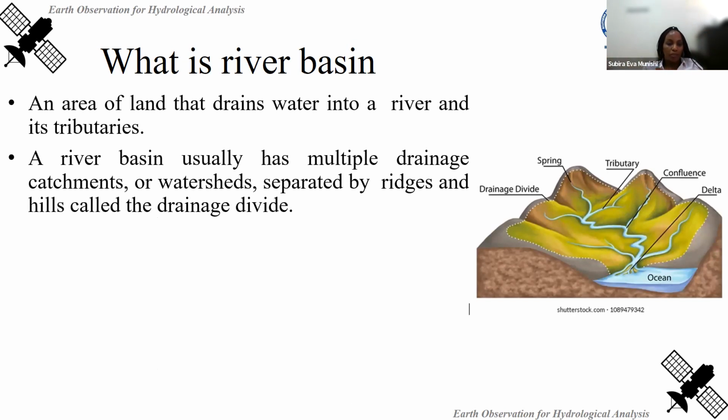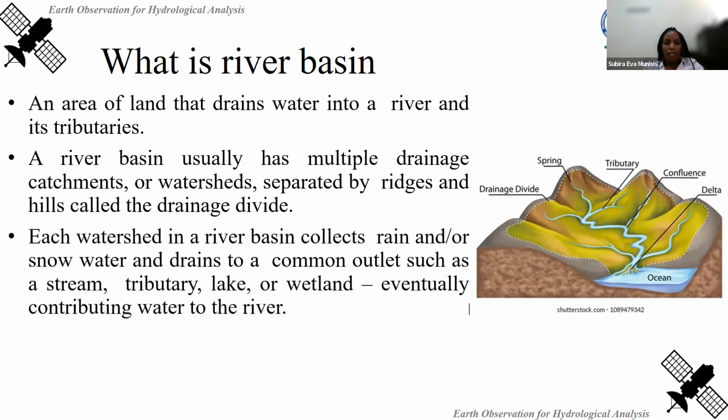So we have different watersheds divided by a water divide or a ridge that form a river basin. Each watershed in a river basin collects rain or snow, and drains it into a common outlet that we call a river or a stream.